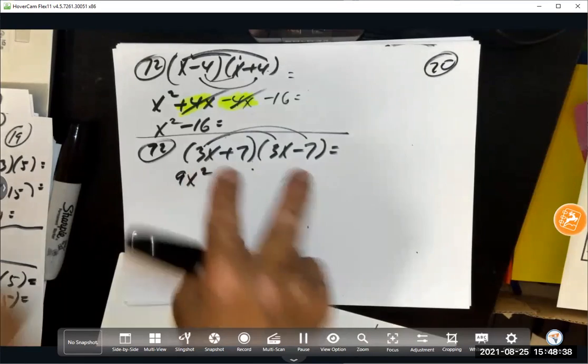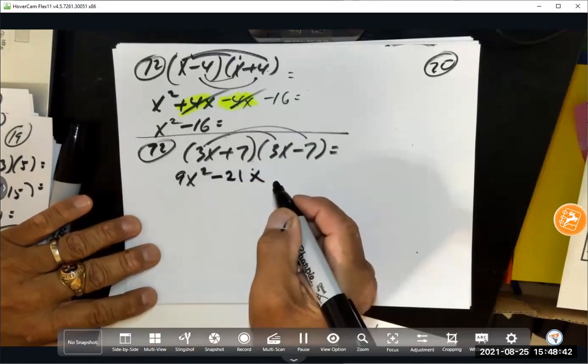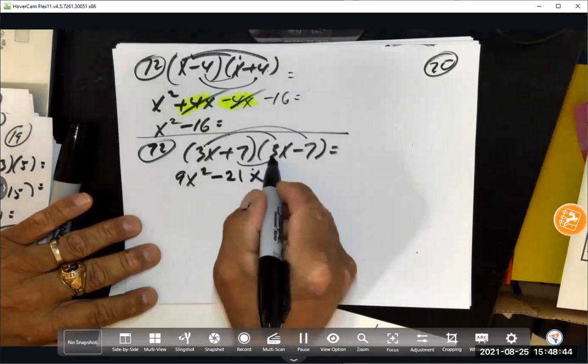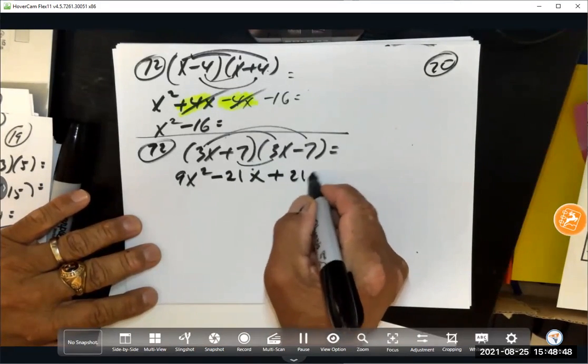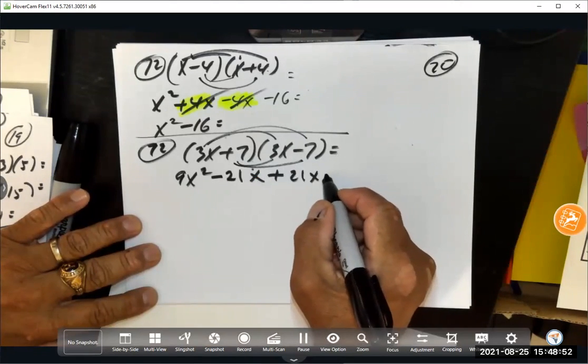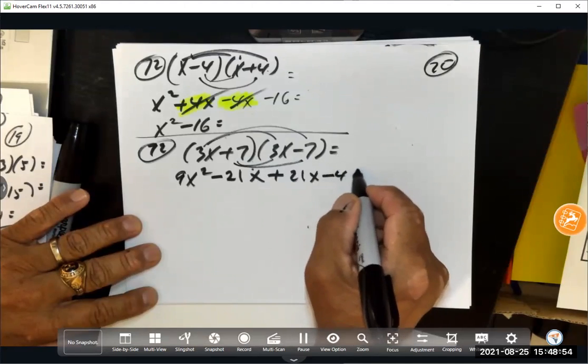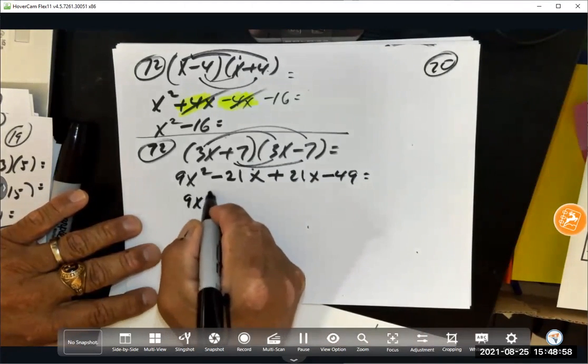Negative 21x. And 7 times 3x. Positive 21x. And 7 times negative 7? Negative 49.